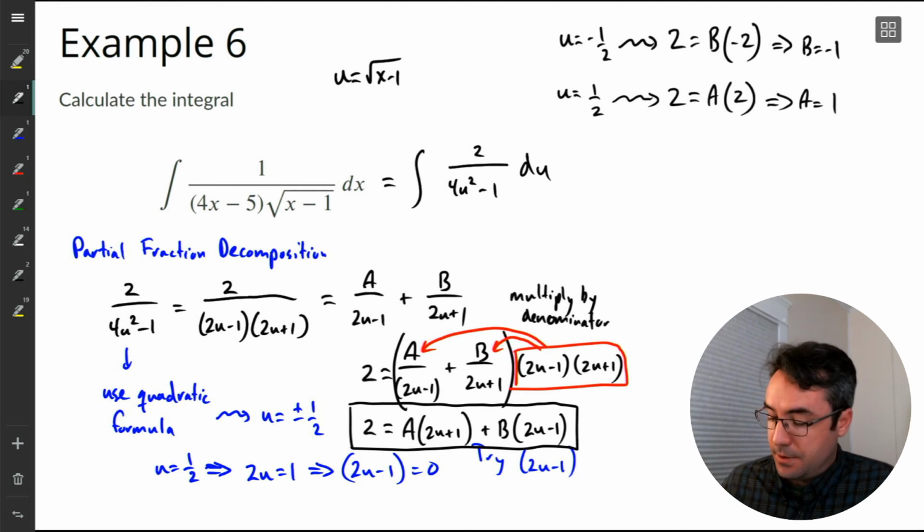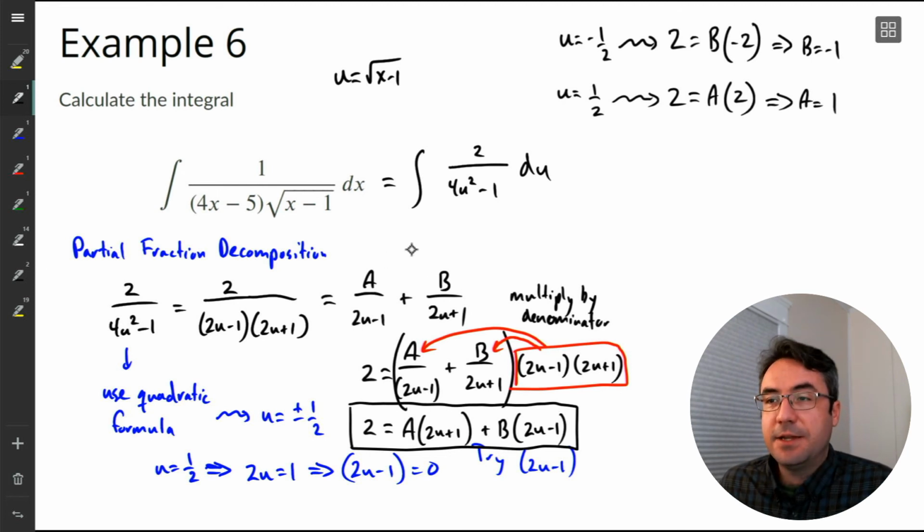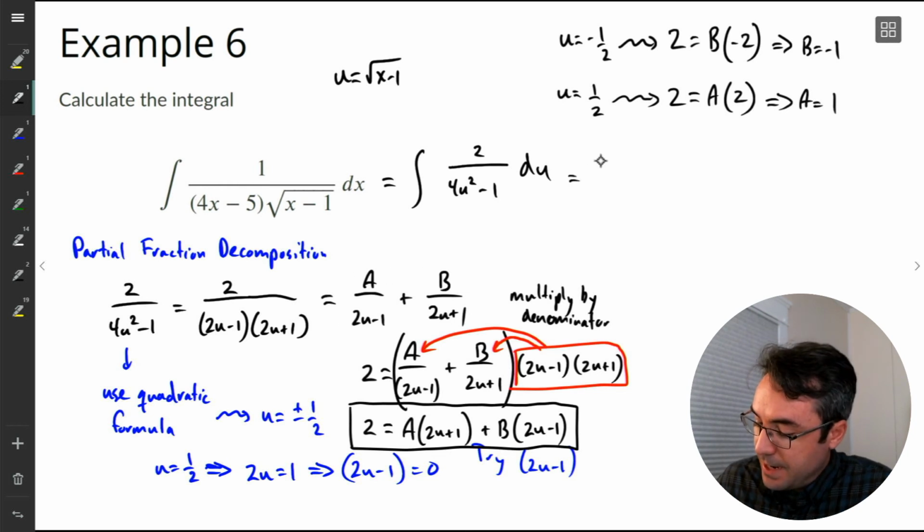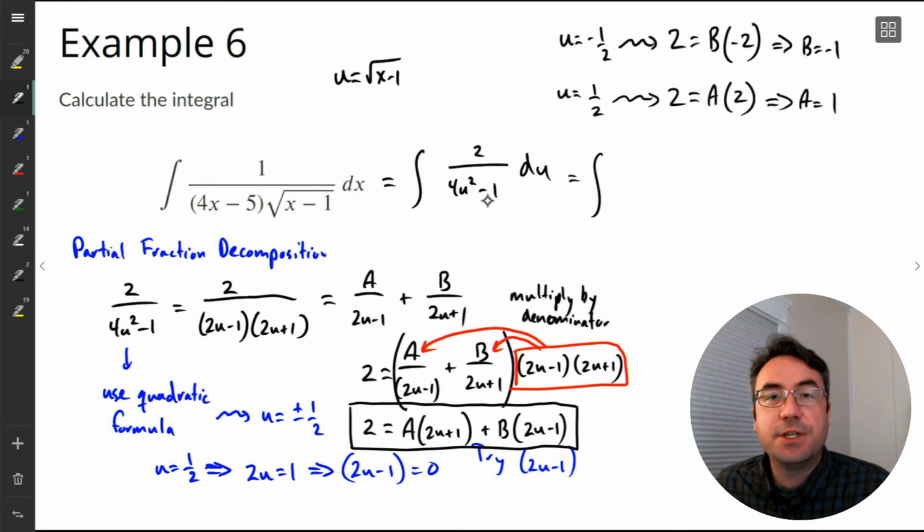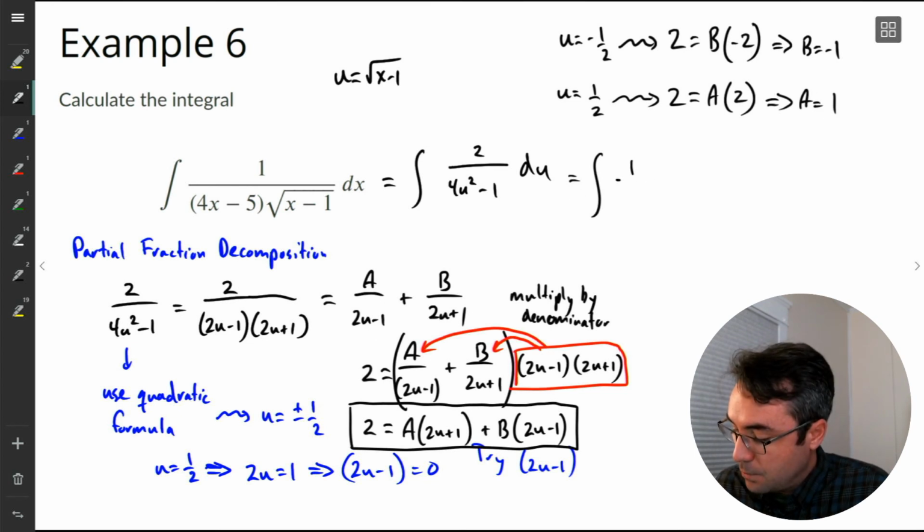And so we can plug that into our partial fraction decomposition now. We can actually rewrite this function that we're trying to integrate with the partial fraction decomposition. So what is it? Well, it was a over 2u minus 1, but let's plug in our a value. So 1 over 2u minus 1.